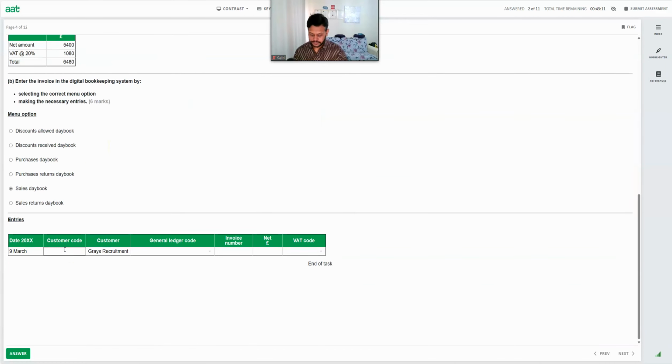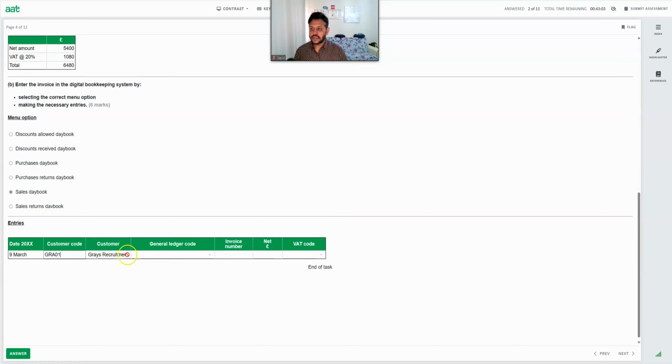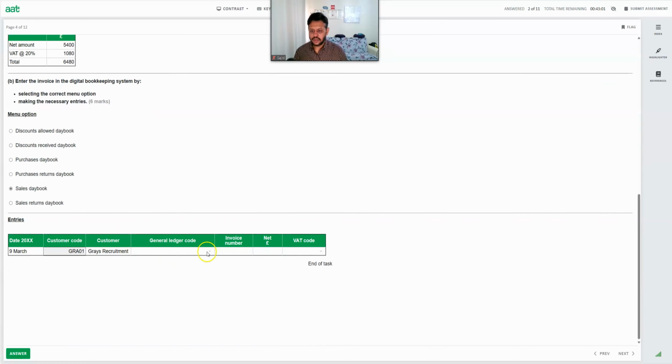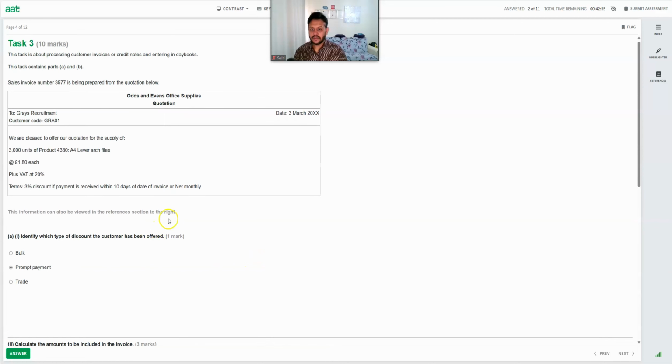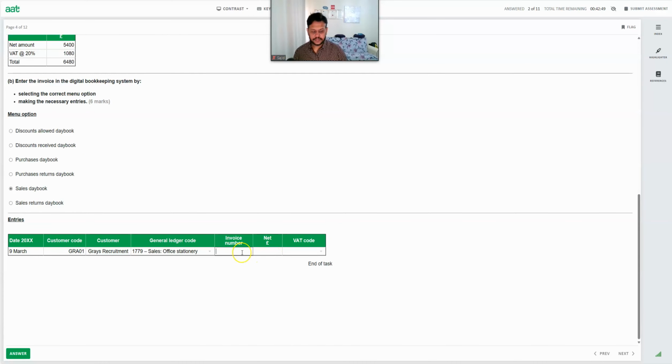GRA01. Then the general ledger code is a lever arch file, so it should be stationery, so office stationery. For the invoice number, we need to look at the invoice, and the invoice number is 3577.